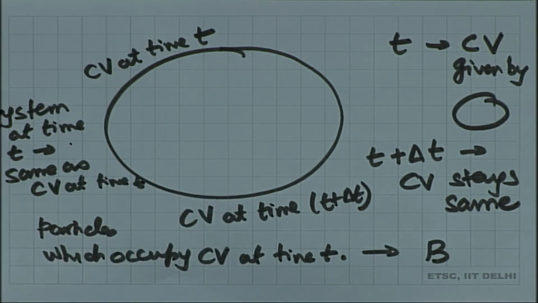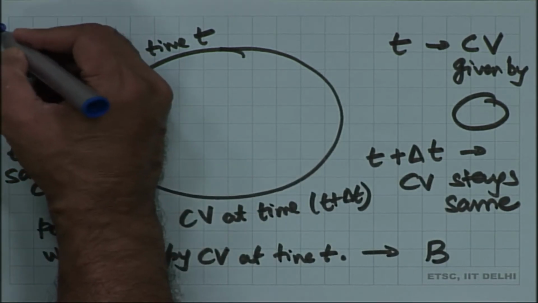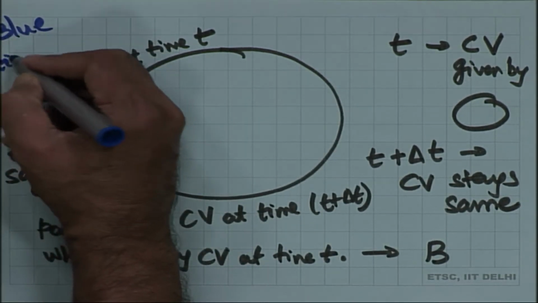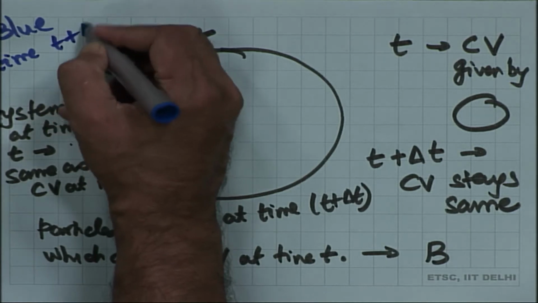Okay. Now, what happens at time t plus delta t. So, I will show that with a blue pen. Blue will show time t plus delta t.